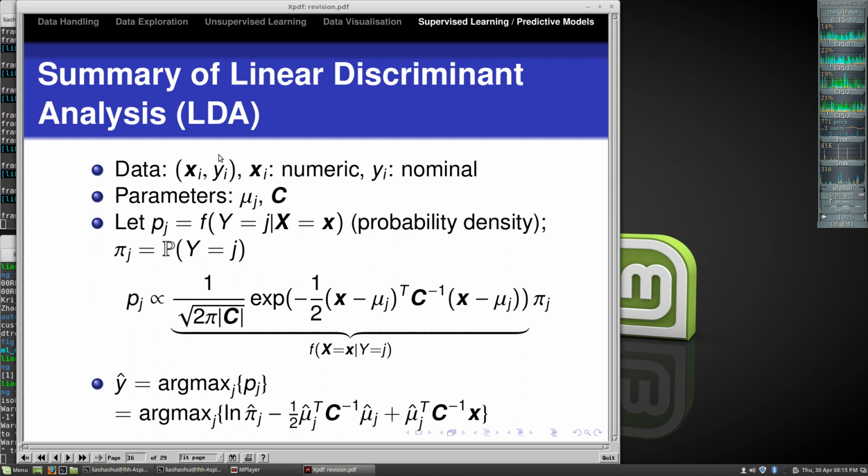Okay, next we are going into a kind of generative model, the linear discriminant analysis. Again, for this type of problem, the x has to be numeric, unlike the logistic regression just now, which can be for both numeric and categorical.